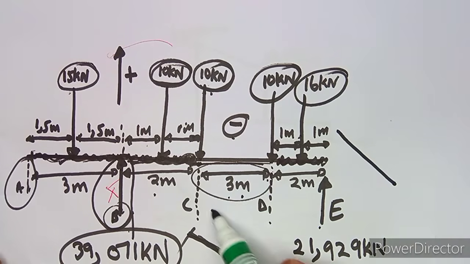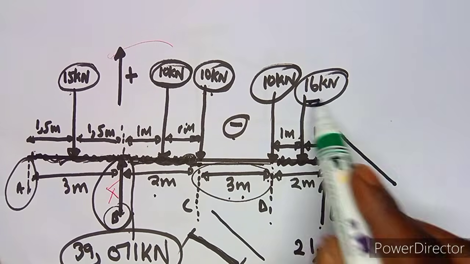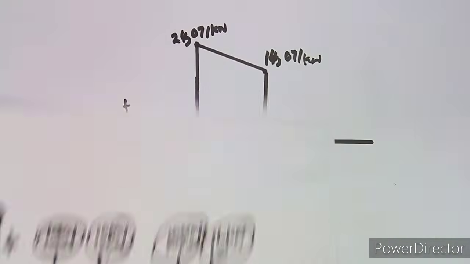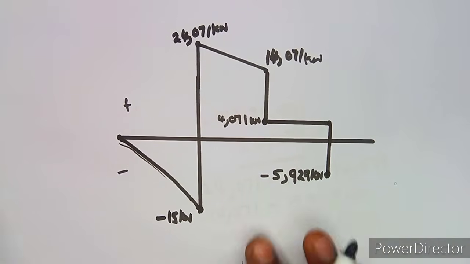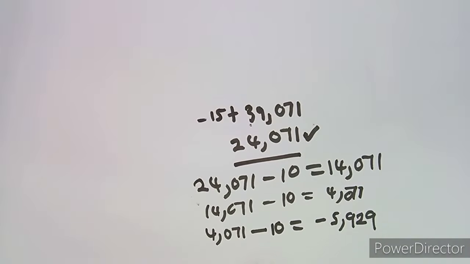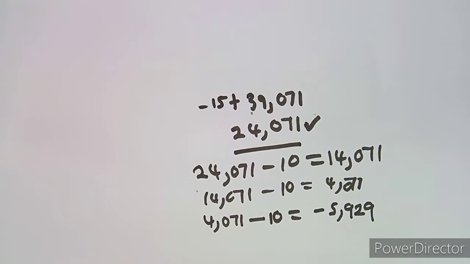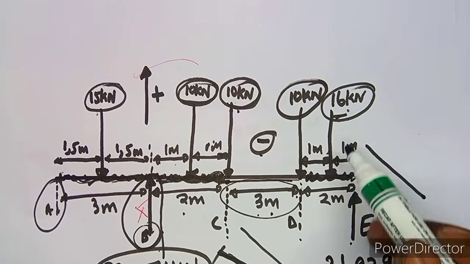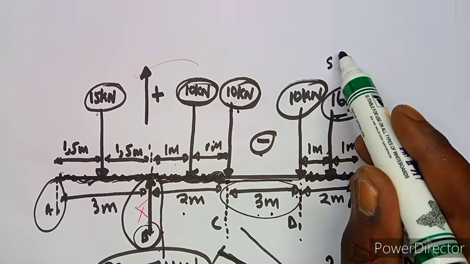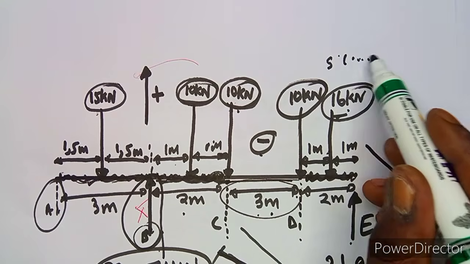Always, that's how you draw a distributed load. So you subtract 16 because it's going downwards. At this minus 5.929, the one that we had, you subtract 16, the force for the distributed load, the one that you have multiplied, not the one that is written per kilonewton per meter.